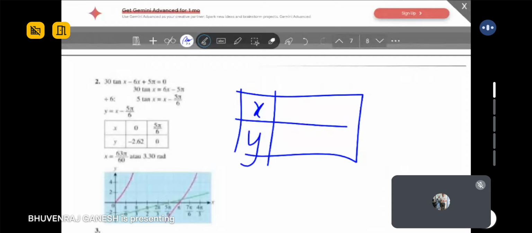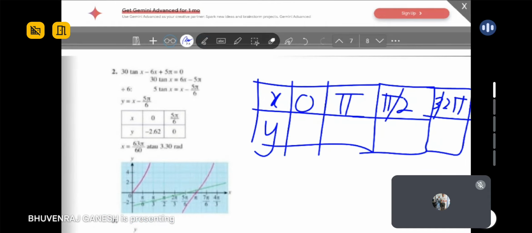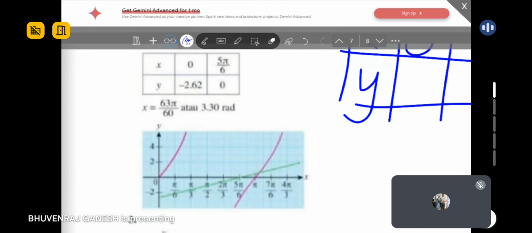So x, y, and then 0, and then maybe pi. Kamu boleh plot mana-mana yang kamu suka. Pi over 2, 3 over 2 pi. You can plot 4. If you want to plot 5 also can. 5 titik pun boleh. But over here, I think it's quite straightforward. First point, second point, and then what else?